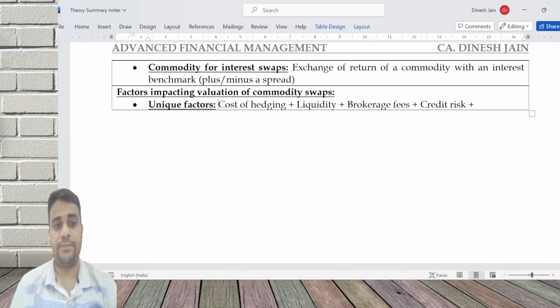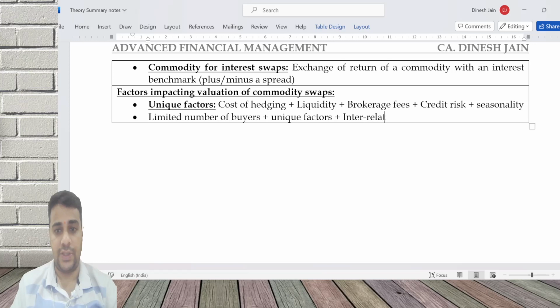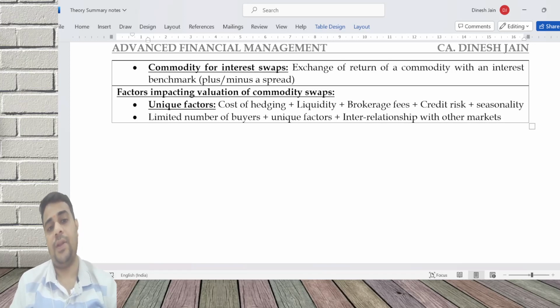Seasonality, limited number of buyers, unique factors, interrelationship with other markets.